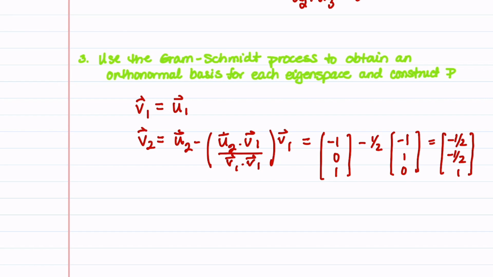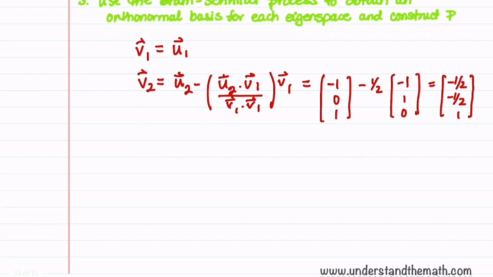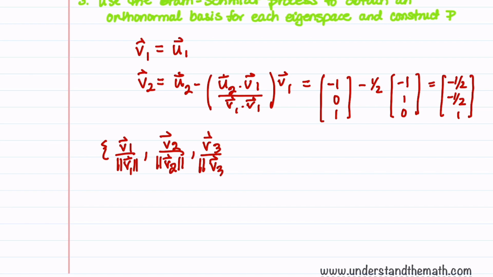The next step is we have to make those orthogonal vectors orthonormal. So we'll normalize each vector. Our new set of vectors is going to be V1 divided by the norm of V1, V2 divided by the norm of V2, and lastly V3 divided by the norm of V3.